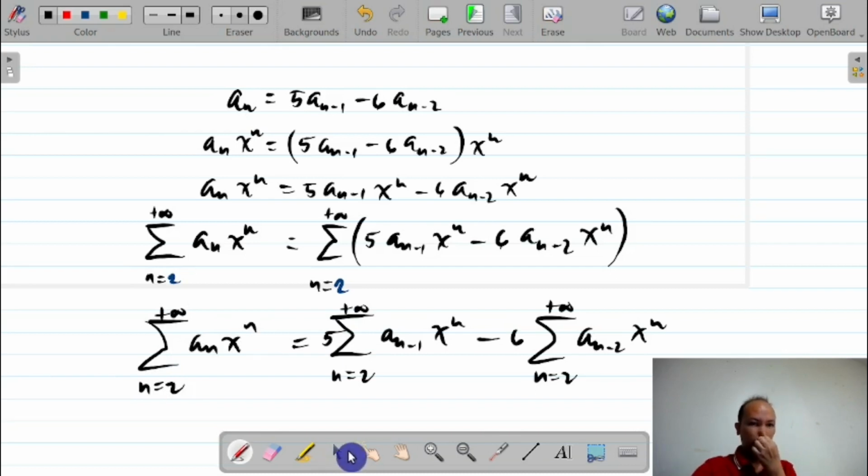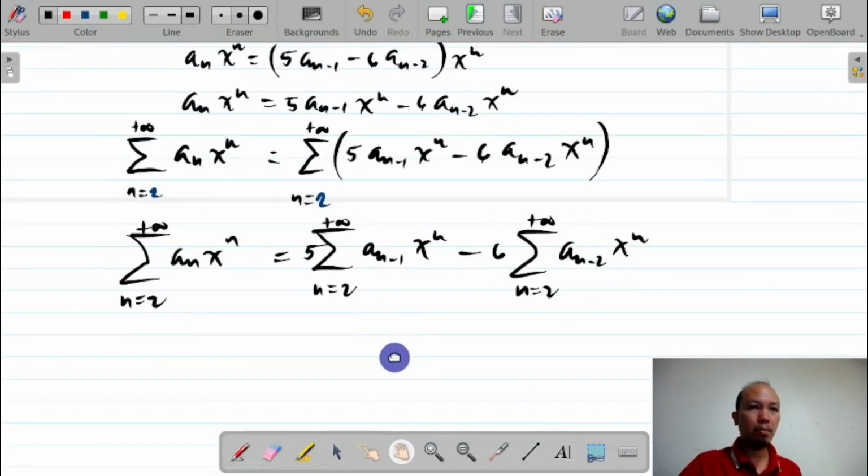Okay, or maybe you have a method before. Okay, maybe you will start at n is equal to 0. It depends upon you. Okay, or let's start with 0.